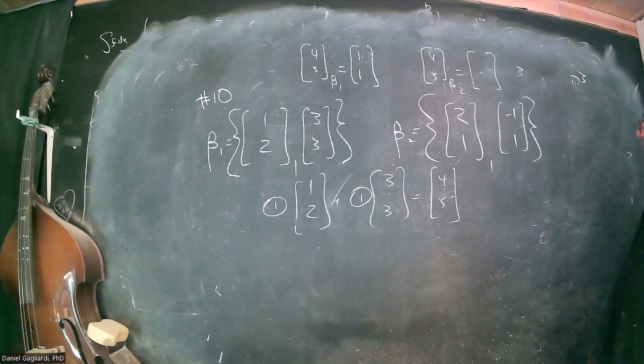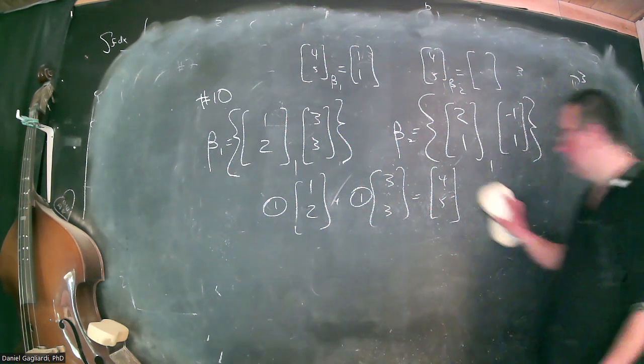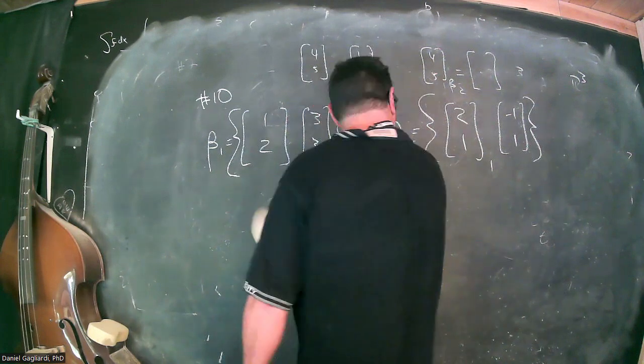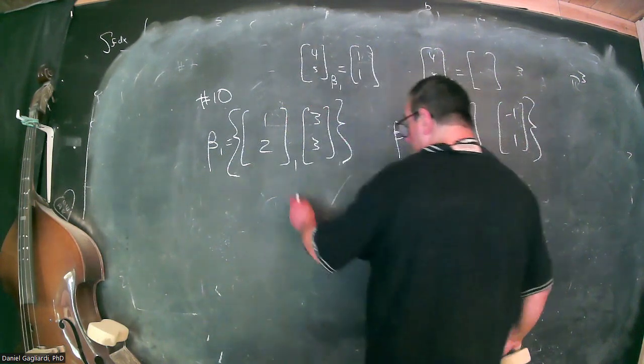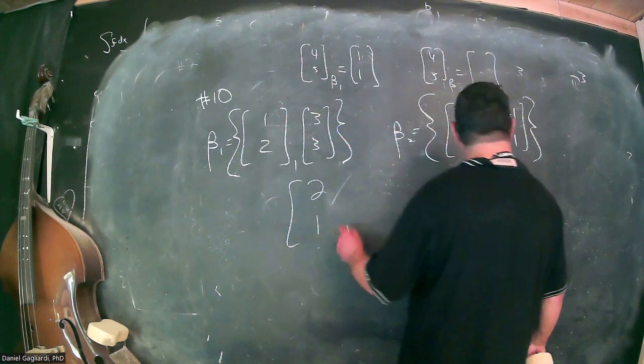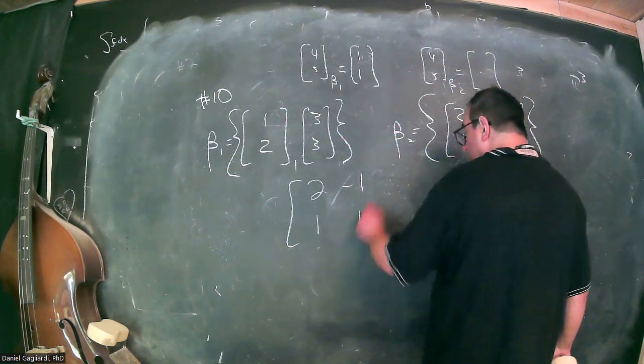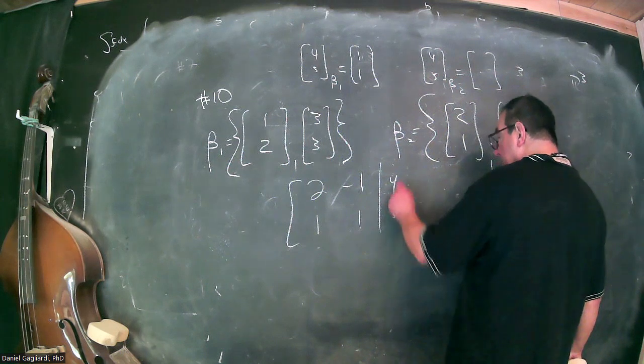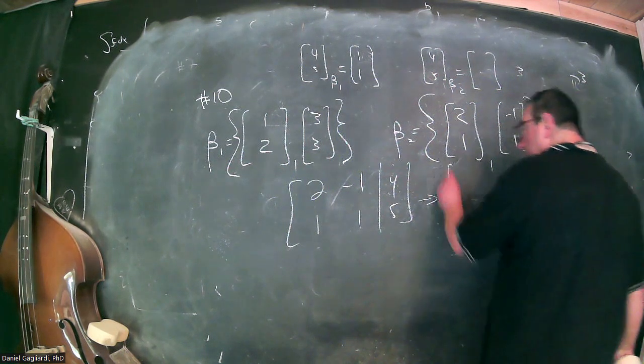Rats, okay? How about, I don't know, let's just use a linear system and solve. Let's use an augmented matrix and solve it. So we have the augmented matrix [2, -1 | 4; 1, 1 | 5]. And let's reduce this linear system, see what happens.